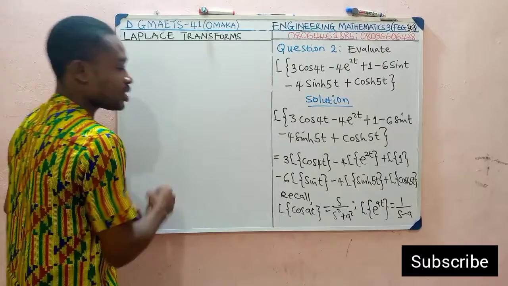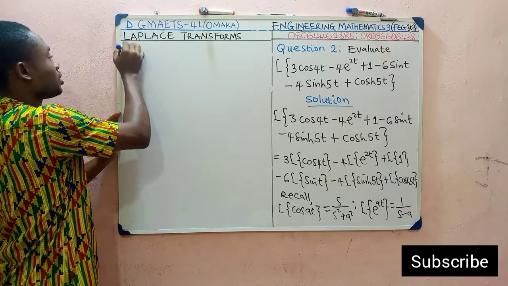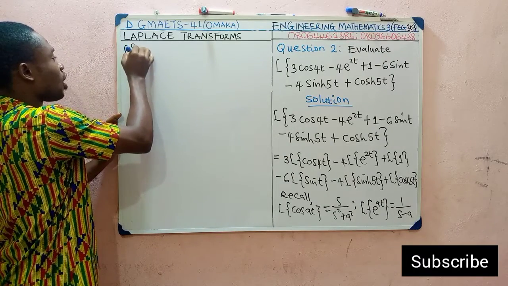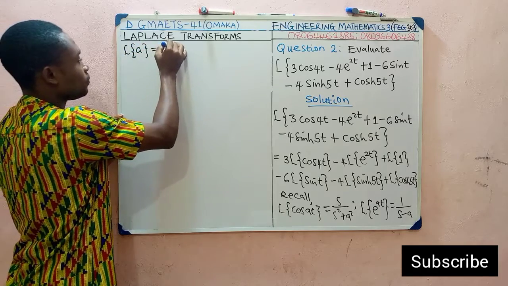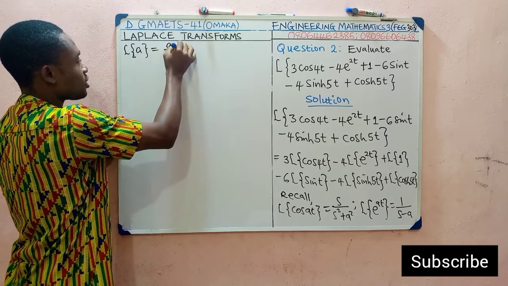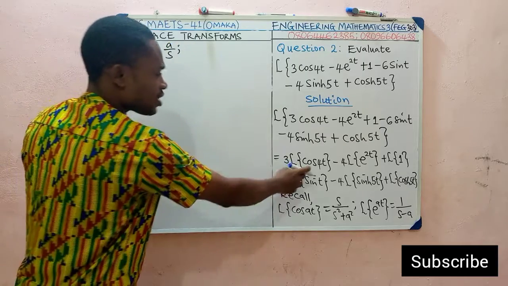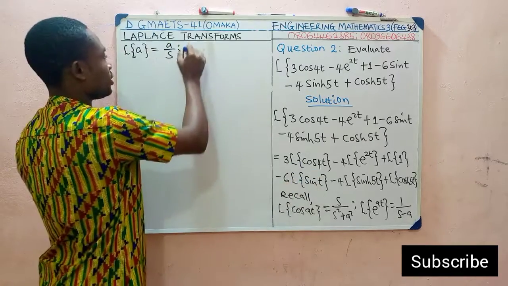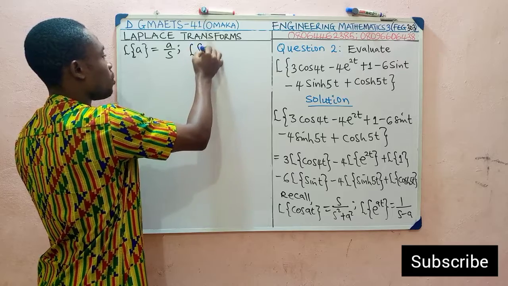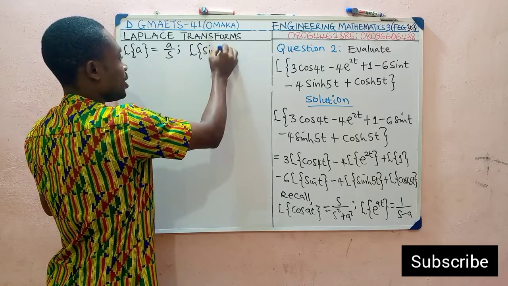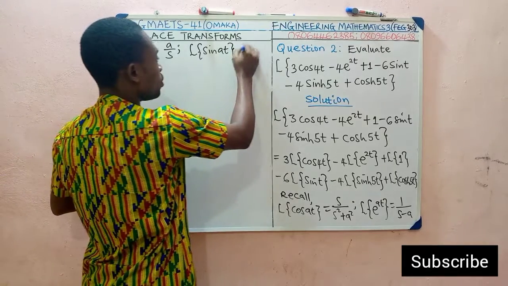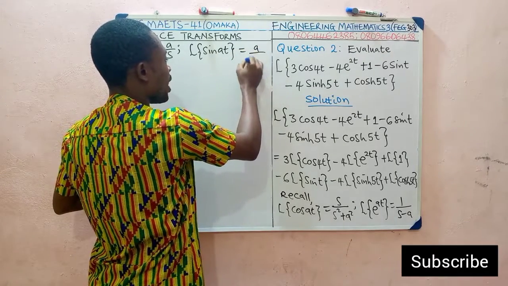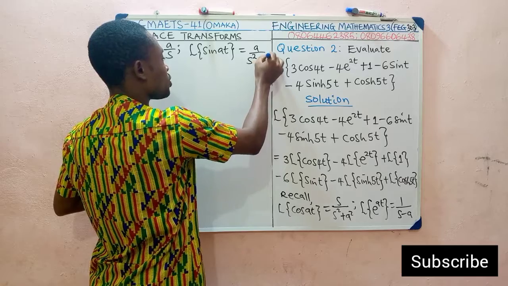The next one is the standard Laplace transform of a constant. Let me use a to be the constant. The Laplace transform of a constant is equal to a over s. Then again, the next is for sine. The Laplace transform of sine at is equal to a all over s squared plus a squared.